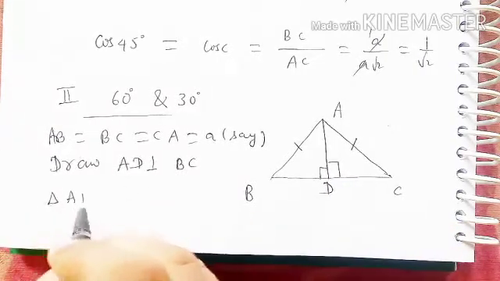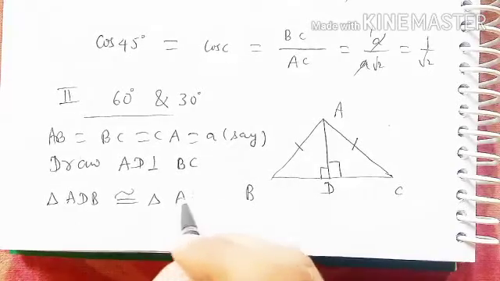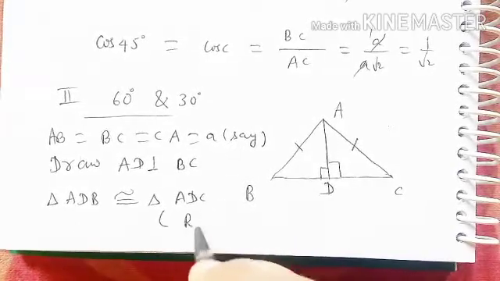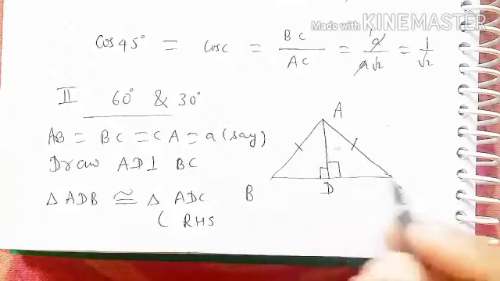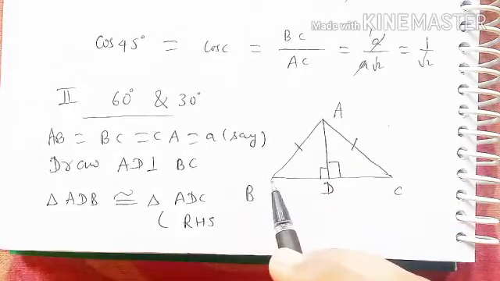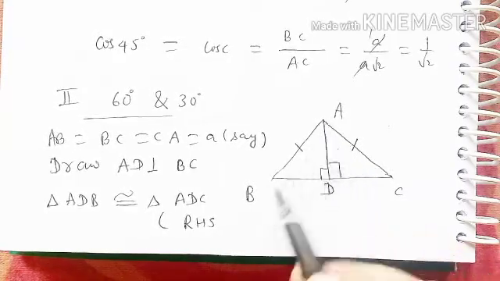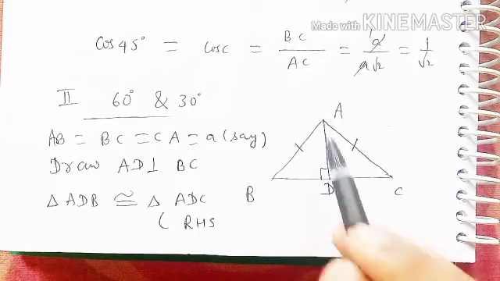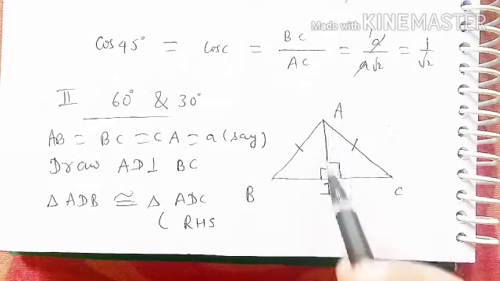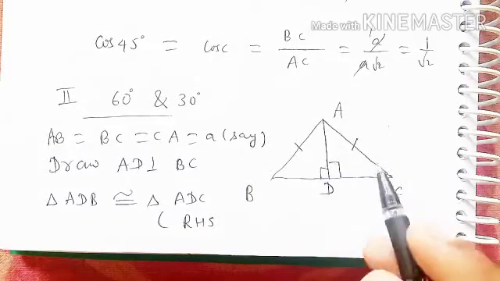Triangle ADB is congruent to triangle ADC by, see students, these two triangles are right angle triangles, so we can apply RHS rule. Here hypotenuses are equal, this side AD is common, so these two triangles are congruent by RHS rule.